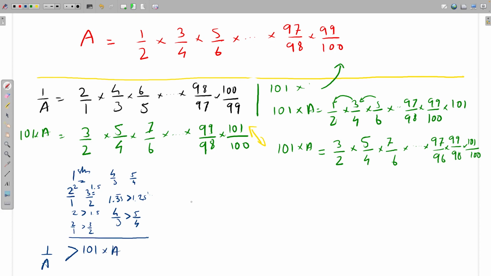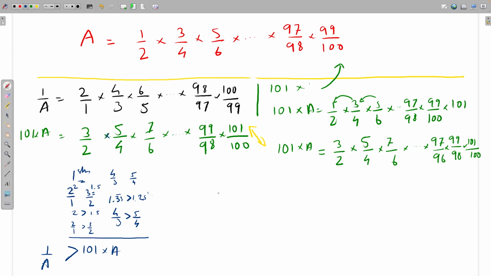So just to recollect, what we have done is, we have two equations. I am comparing the first term of the first equation to the first term of the second equation, right? And this one will always be greater, and since it is a multiplication, the products are going to add up.